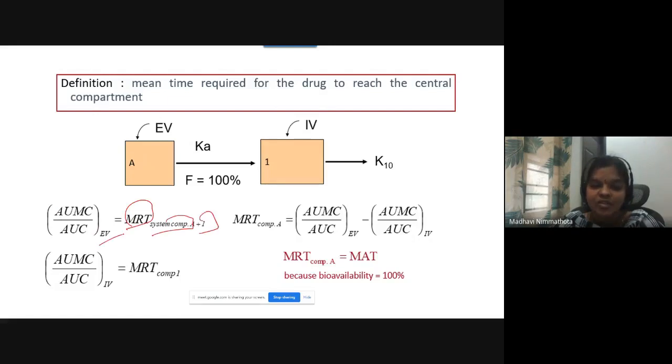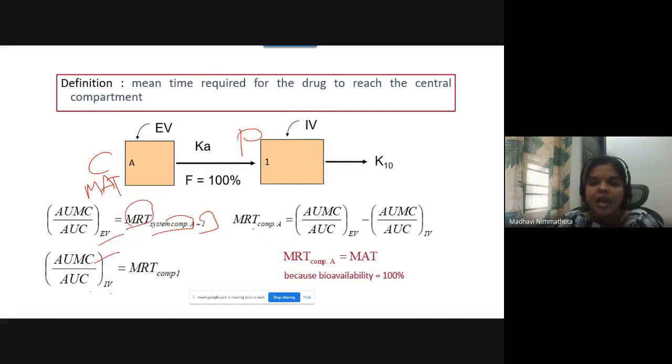In the case of extravascular administration, your drug is transported from the central to the peripheral compartment, so there is a need to combine these two MRTs. You will get the extravascular mean absorption time. Then, if you want to get the MRT for IV infusion, you have to use this equation: area under the first moment curve divided by the area under the curve of intravenous infusion.